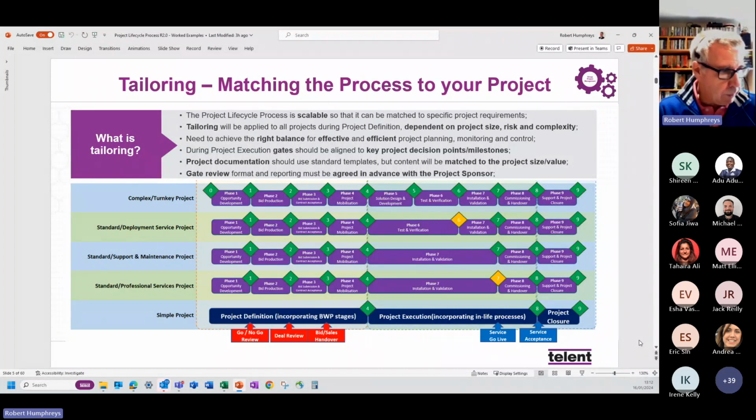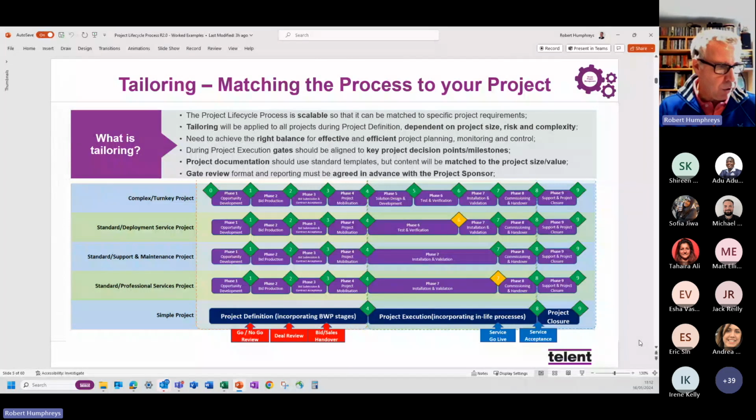So when you get down to those simple projects, you may get down to just, and like I say, this isn't mandated, you could put in more gates depending on the level of controls that are needed by the project sponsor. You still have the initial governance though. So the fact that gate 4 says that we've completed mobilization and we're ready to go to project launch doesn't negate the fact that you still have to go through that early governance.